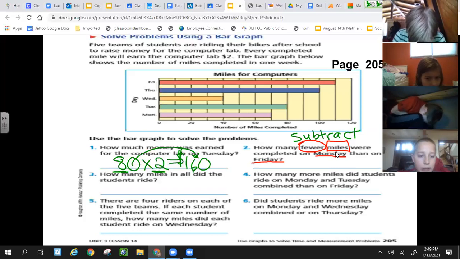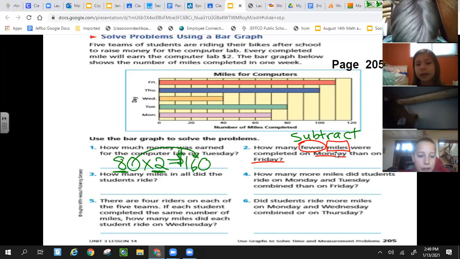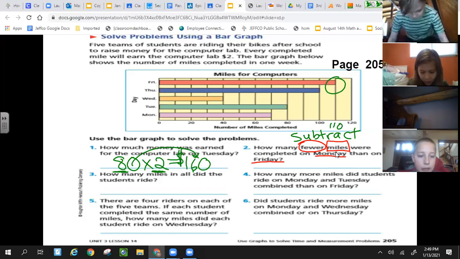Somebody needs to mute. If we were dividing, Gavin, we would see something like equal shares or putting into equal groups, or they might even use the word divided, but we don't see that. So we're not going to divide. So you want to see how many miles Friday has. And we know this is 110 because it's counting by 20s.